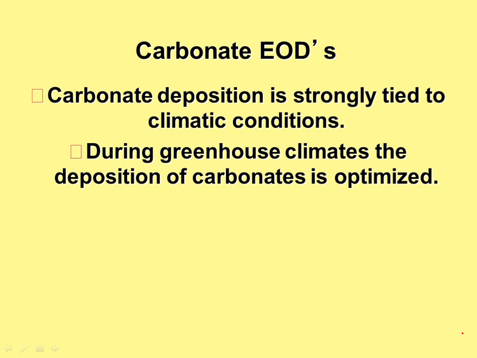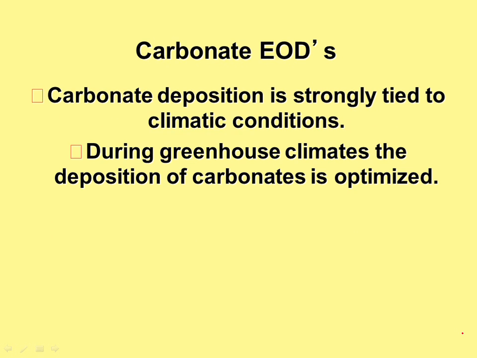So climate is very important. Carbonate deposition is optimal during greenhouse climate. There are two major climatic states on the planet, the greenhouse and the icehouse climates. We are currently living in the icehouse climate, in a significant interglacial period of an icehouse climate, admittedly, but we are living in an icehouse climate.